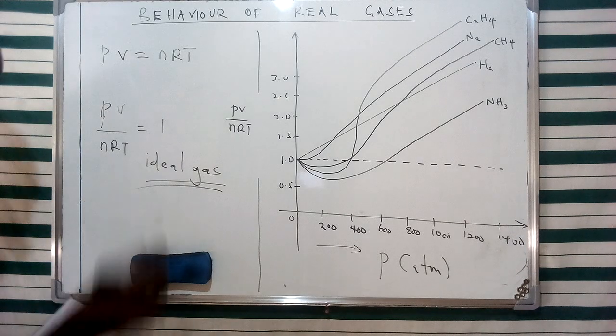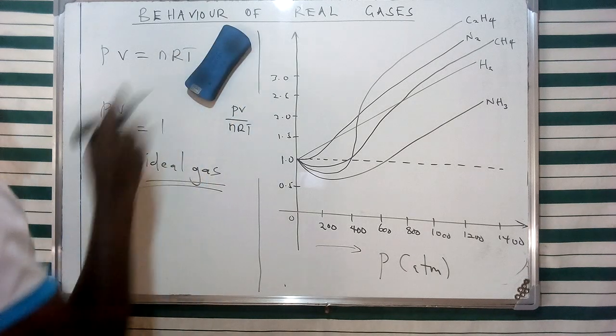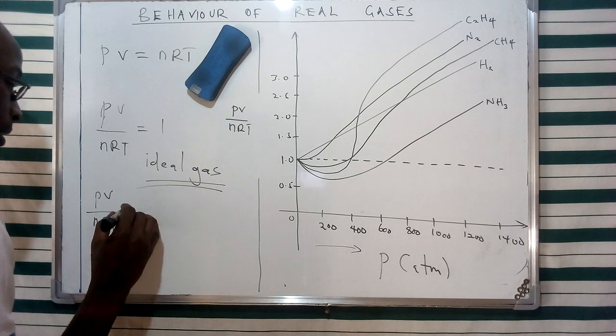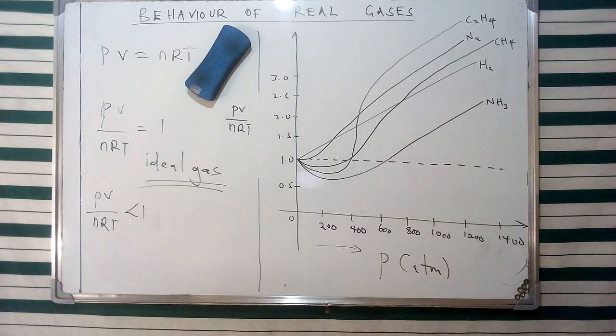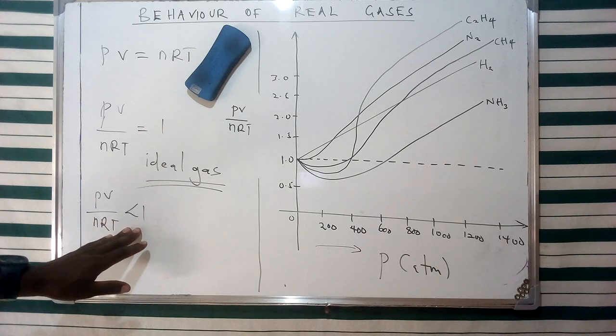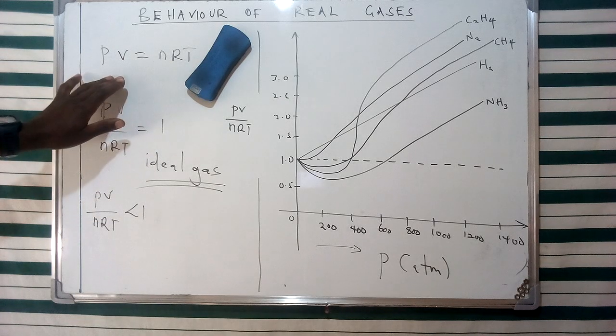Therefore, for a compressibility factor that is of course less than 1, whereby we're going to have PV over nRT less than 1, this of course implies that the pressure of the real gases is smaller than the pressure that is calculated by means of the ideal gas law, which we are going to obtain using this specific formula.